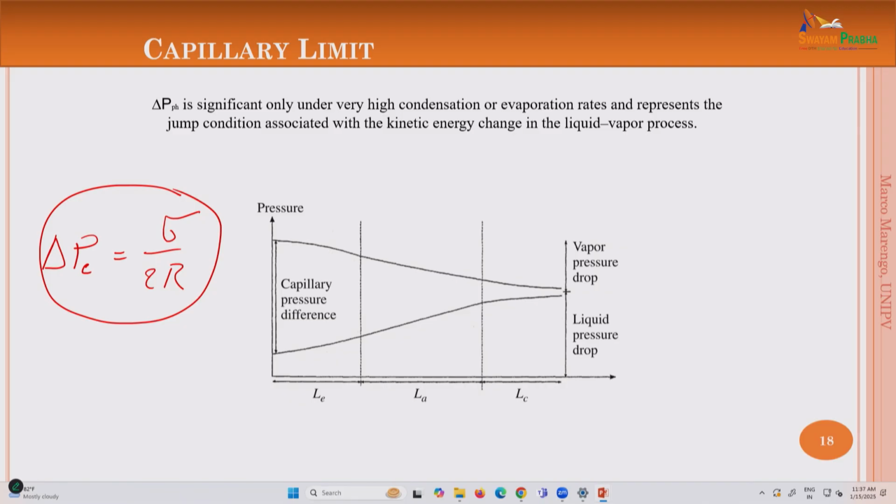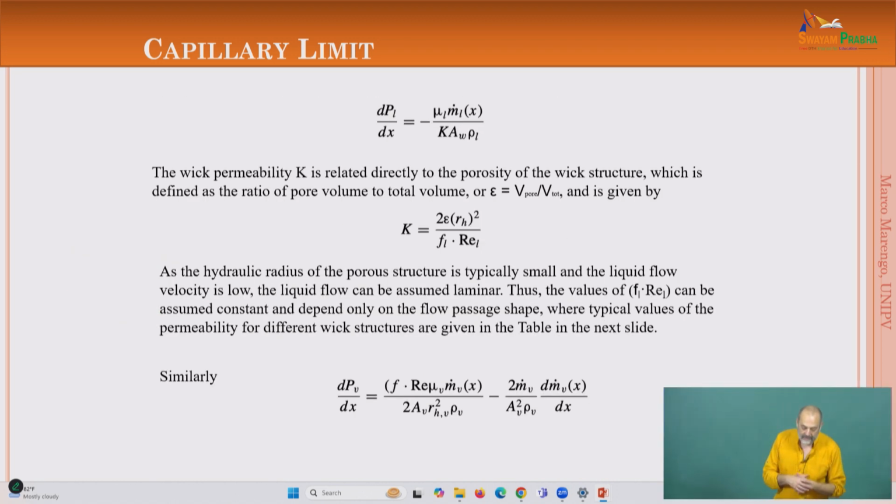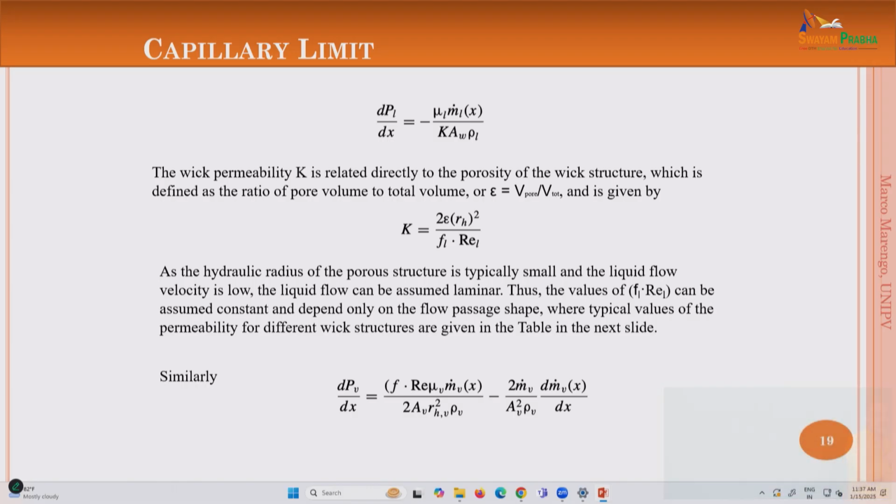And of course, due to the fact that we have a flow, we are going to have different pressure drops. For example, if you are thinking of delta PL, what is delta PL? It is the pressure drop linked to the fact that the liquid must pass through the porous media, the wick.